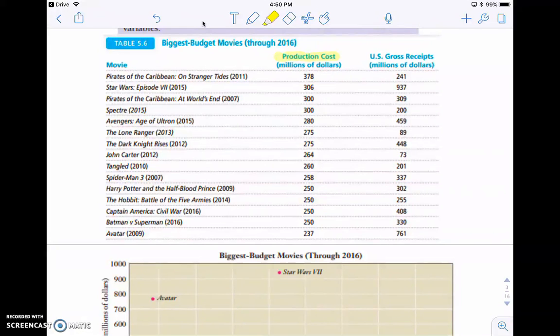So we can see, for example, Pirates of the Caribbean: On Stranger Tides in 2011, production cost was $378 million. The amount of gross receipts was $241 million. Contrast that with Star Wars Episode 7, $306 million to produce, $937 million in gross receipts.